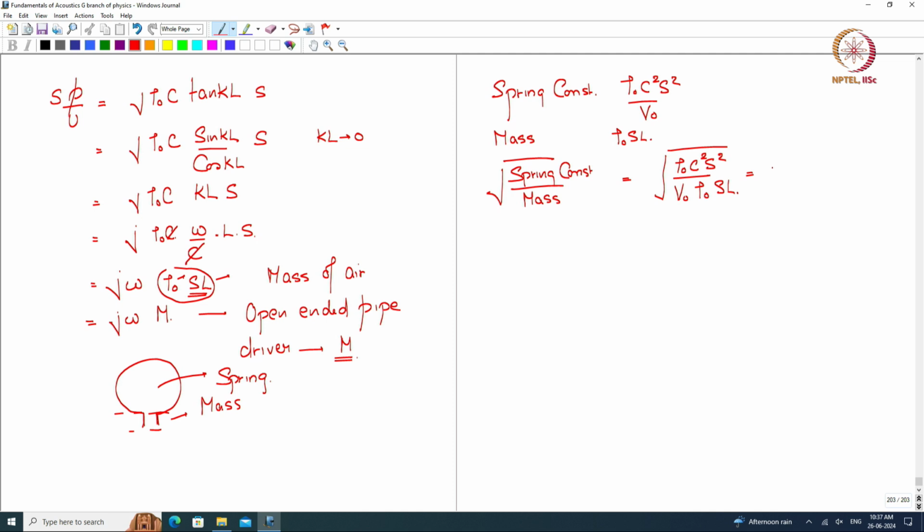Okay. So this ends up as c times the square root of S over V 0 L, in radians per second. So this happens to be the natural frequency of the system.